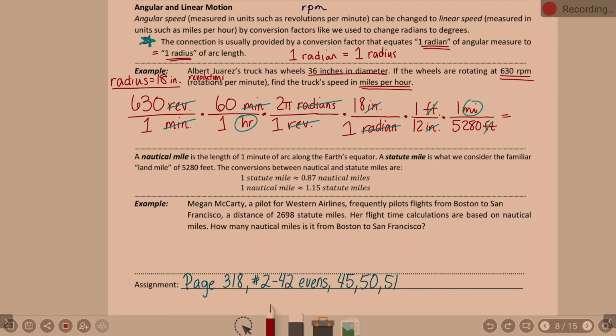But I can say 12 times 5280. If your answer's right, it matches mine. If not, you did something wrong in the calculator. Approximately 67.47 miles per hour.